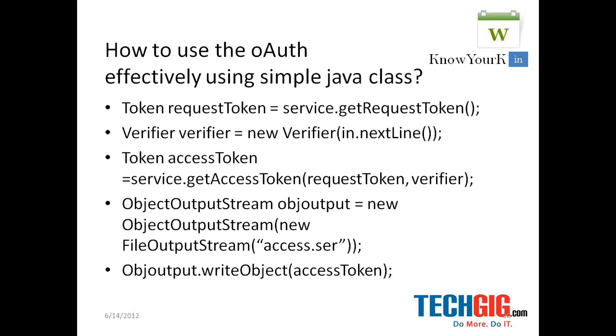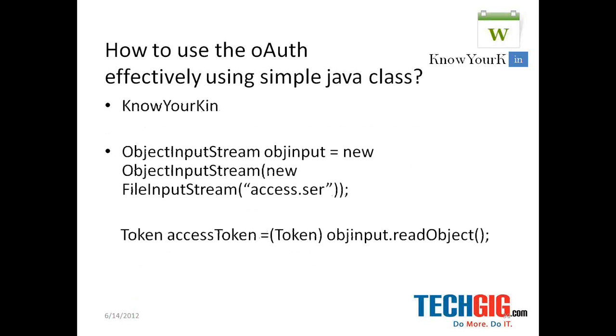So for that purpose, we have an object output stream where we write the access token file within the drive itself, or within the local system itself, and you can pass this object input stream.